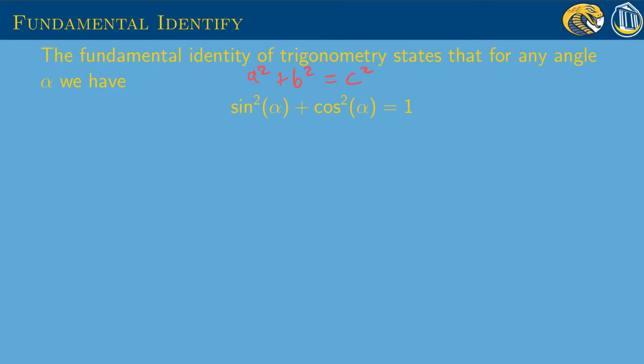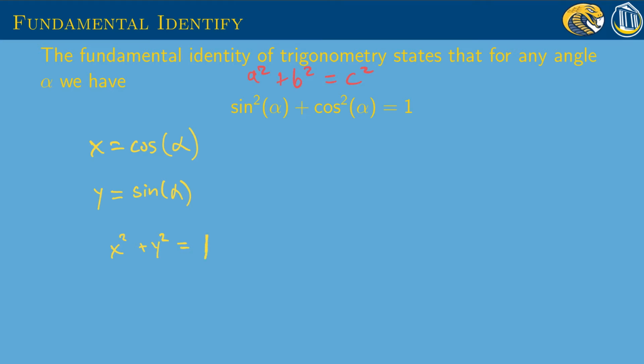Since the x-coordinate of our triangle was just cosine of whatever our angle was, let's use alpha, and the y-coordinate of our triangle, the vertical leg, was sine of our angle alpha, we can imagine this becomes x squared plus y squared equals the length of the hypotenuse squared.